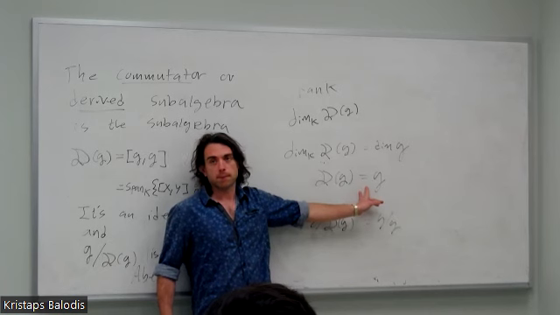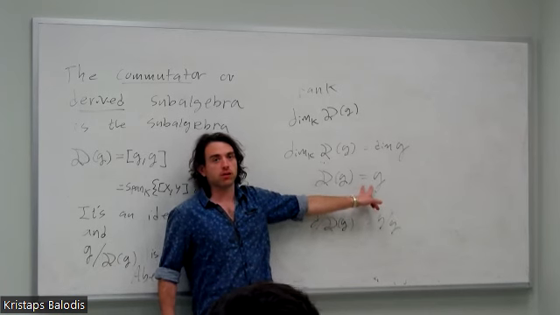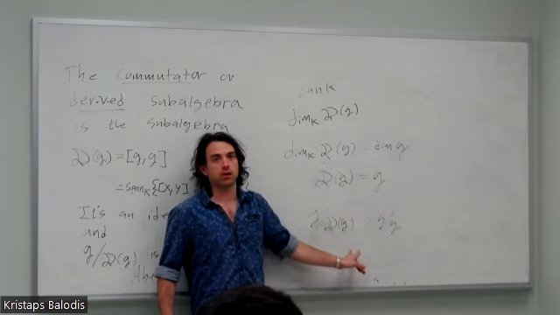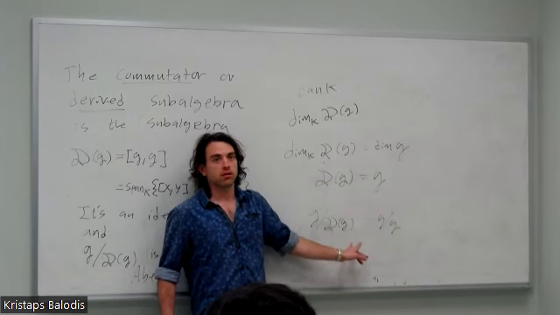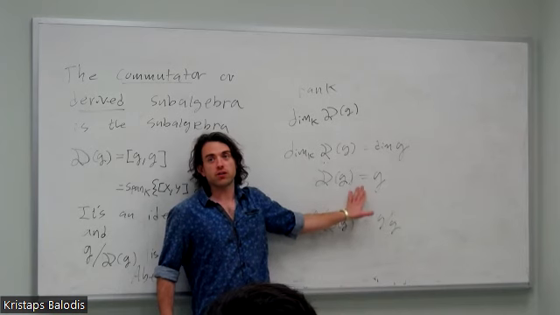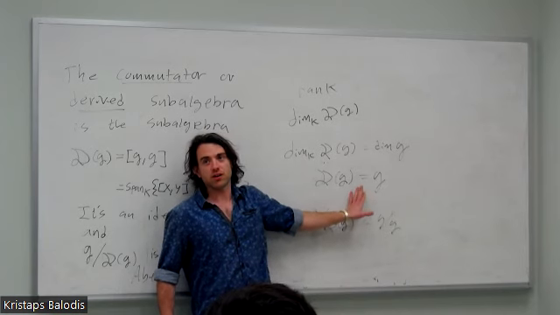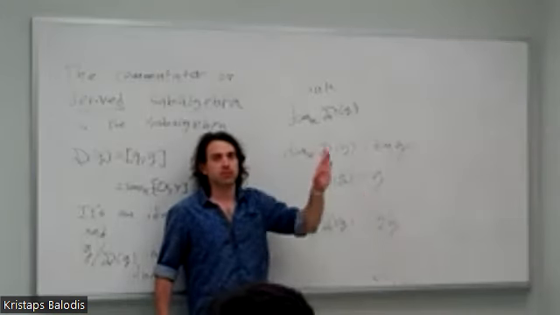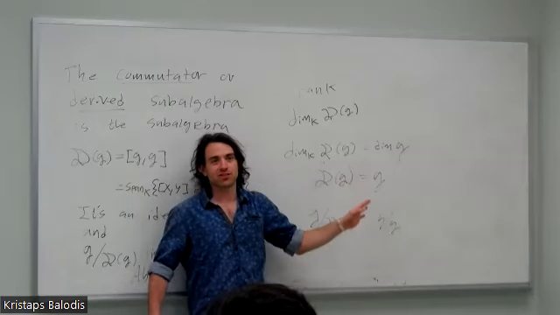Because remember, when these two things are equal, it's very non-abelian. So you're going to have relative chaos.